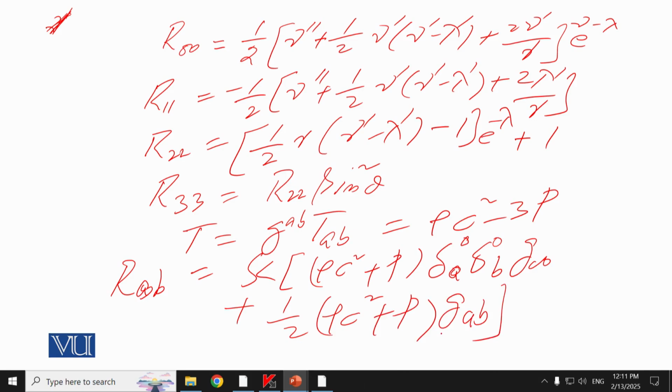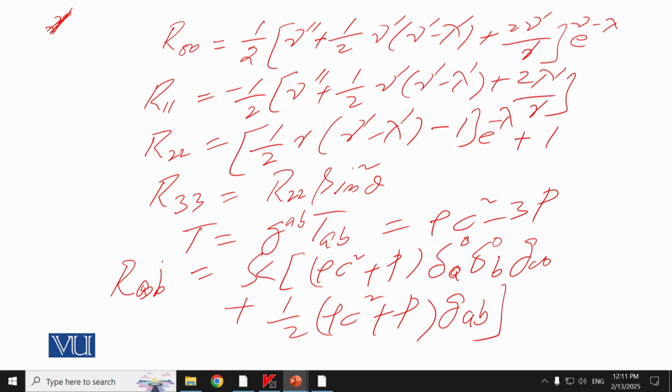This is the expression of the Ricci tensor when we take the trace of the Einstein field equations and then insert the values of the perfect fluid. Okay. Now we can calculate the Ricci tensor components using this expression as well.